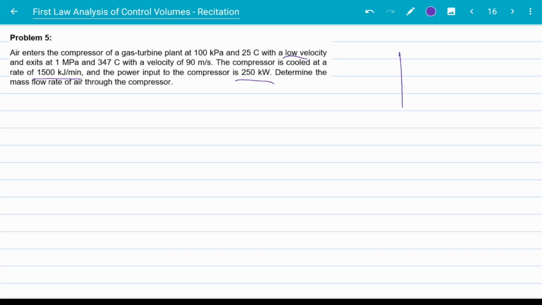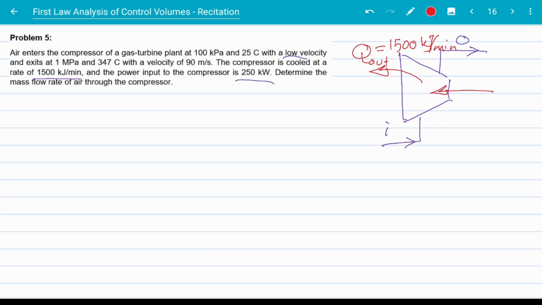First, a schematic. So this is the compressor, right? This is the inlet, and this is the outlet. We are losing heat with a rate of 1500 kilojoules per minute. And we are also introducing work into the system with a rate of 250 kilowatts.